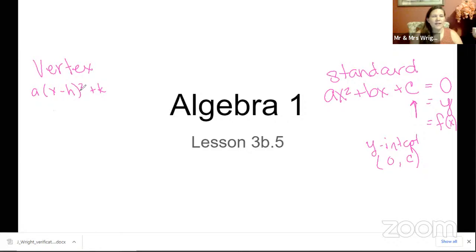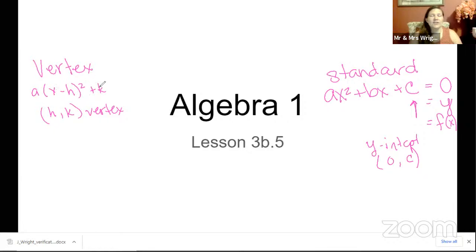The number one thing is we easily can identify the vertex, which is h, k. That's why it's called vertex form, right? And if you notice, we're always taking the opposite of whatever we see in our formula because of that minus sign there for h. So the opposite of what we see is what h is. And then remember, h stands for horizontal, so that's our horizontal change, or right and left shifting.